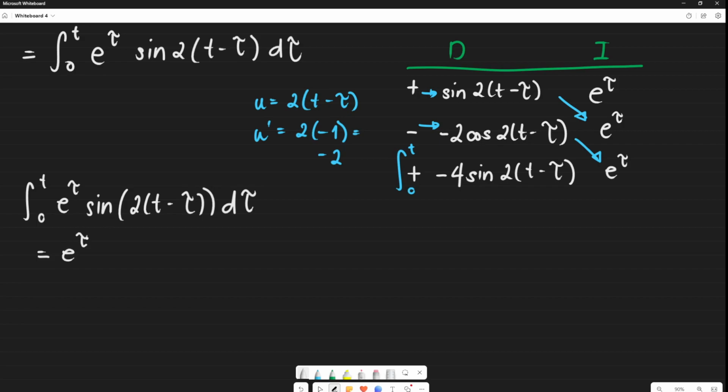Next, negative times negative is positive. Then this is also positive, so still plus. So e raised to tau of, let's put the 2.